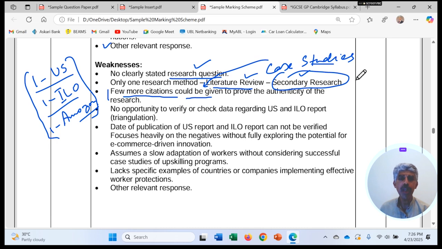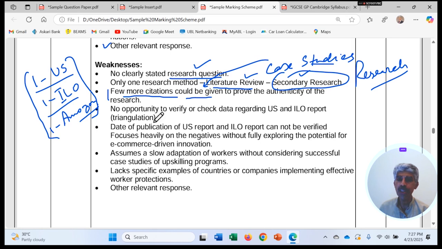It could also give the reference of some other prominent researcher or some authentic report published by some organization, which could be really very effective, but that is a weakness, that it carries only literature review, one method of secondary research. No interviews, no surveys or questionnaires, only one method is given in the whole extract. It is the weakness that it carries only one method.